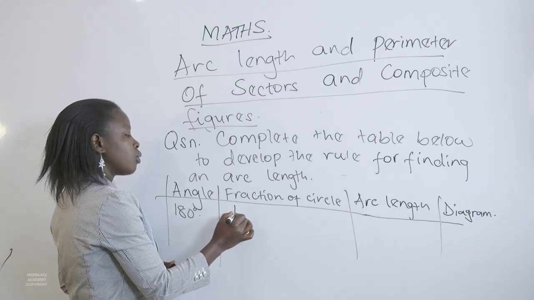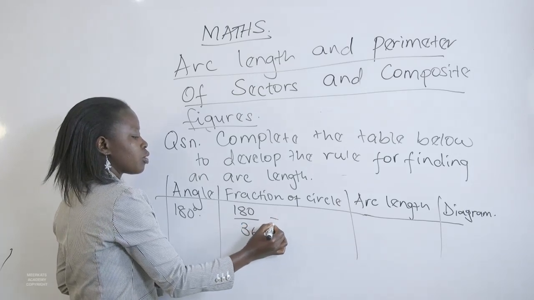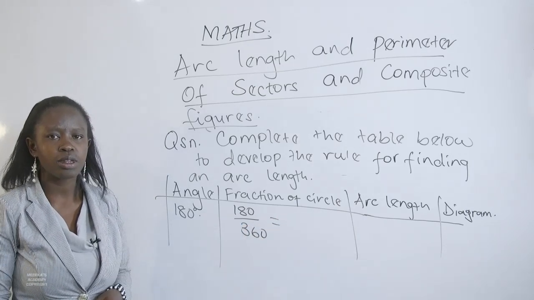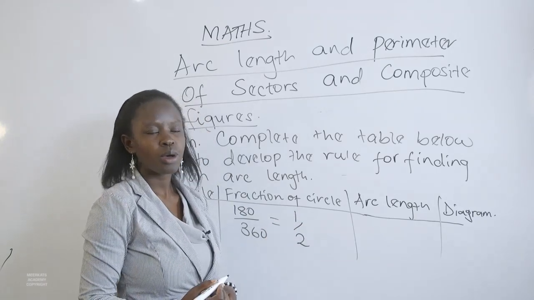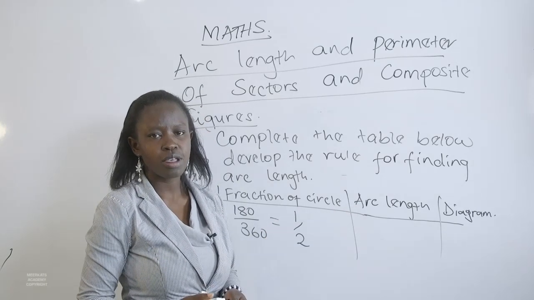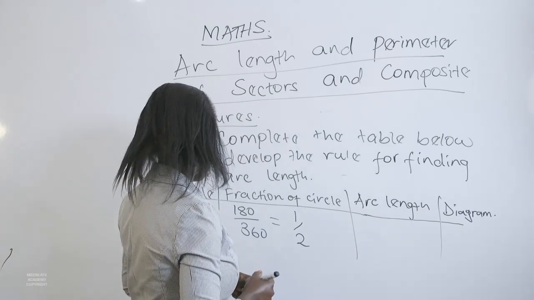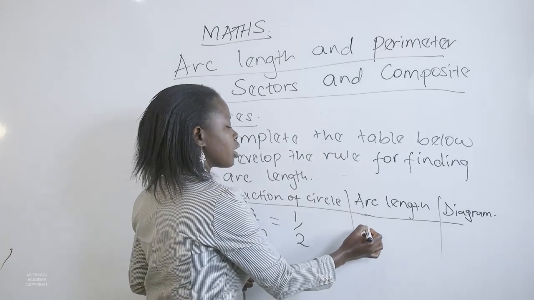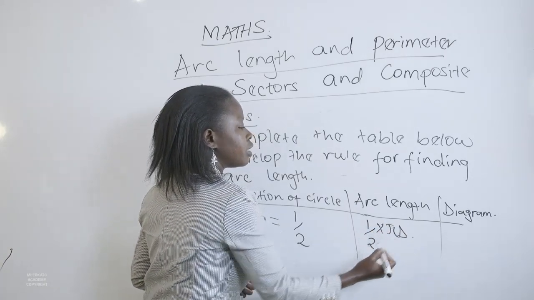This will be 180 divided by 360, and that gives us a half. So what is the rule that will help us get the length of the arc in this given angle? Then it means we have a half times pi d.